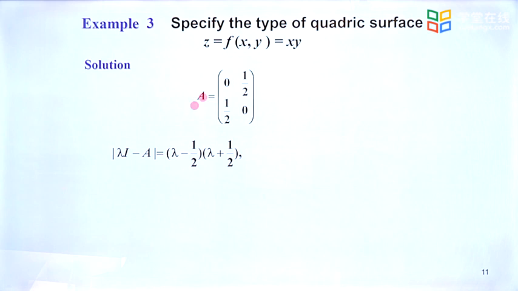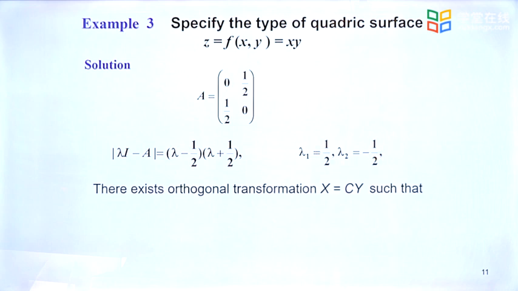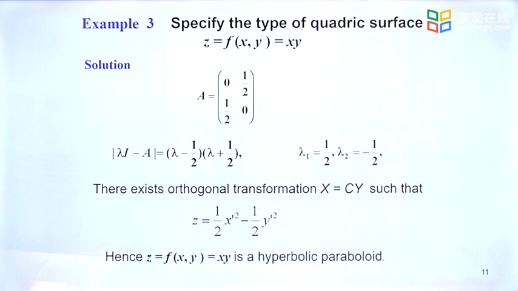We first calculate its eigenvalues. We get the eigenvalue lambda 1 equals 1 over 2, lambda 2 equals minus 1 over 2, and then there exists an orthogonal transformation x equals C times y such that z can be written as this one. After z is written in this form, we can know this is a hyperbolic paraboloid.